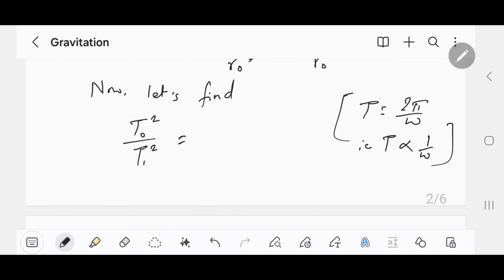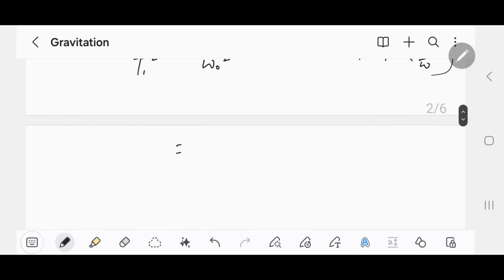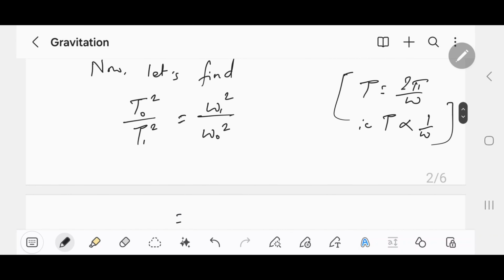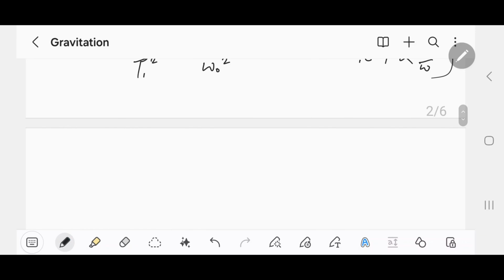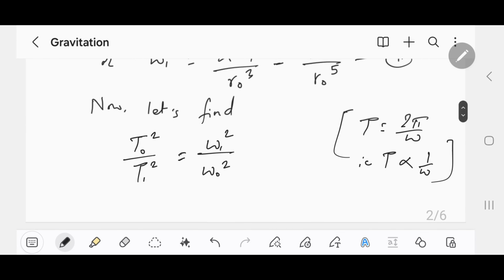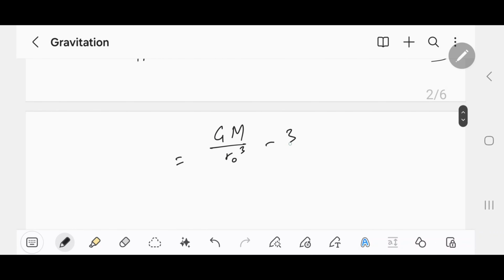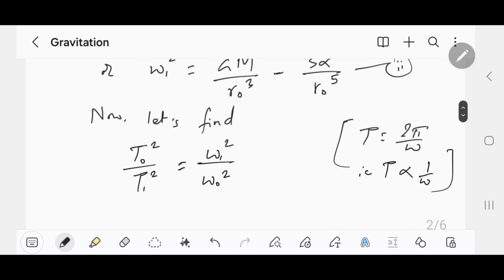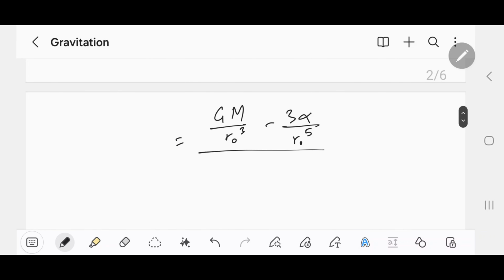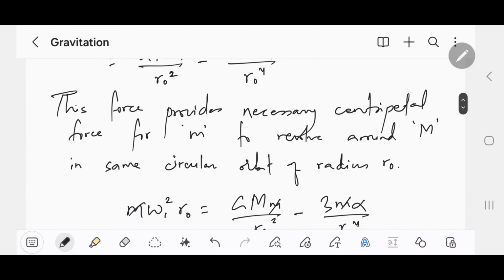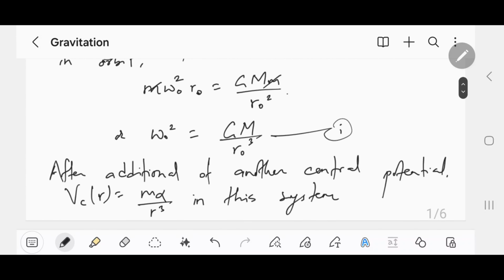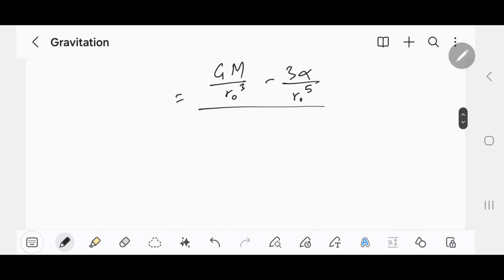So t naught square by t1 square equals omega 1 square by omega naught square, right? Now we have the relations of omega 1 and omega naught. Omega 1 square equals GM by r naught cube minus 3 alpha by r naught power 5, divided by omega naught square, which equals GM by r naught cube.